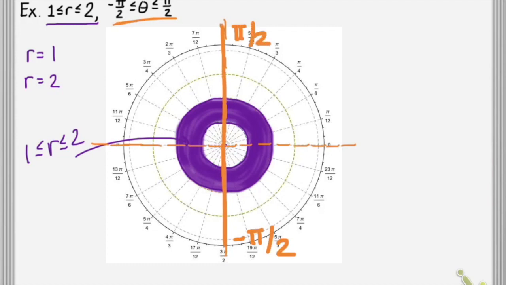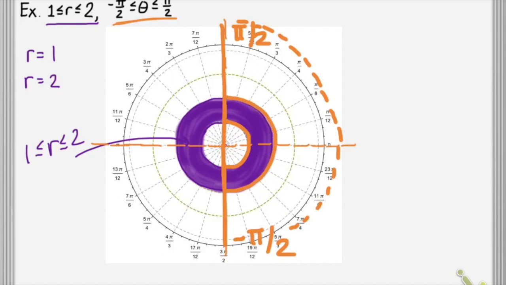And we are looking at all angles from negative pi over 2, increasing, meaning moving in a counterclockwise direction, until we hit an angle of positive pi over 2. So we care about the portions of our purple ring between negative pi over 2 and positive pi over 2.